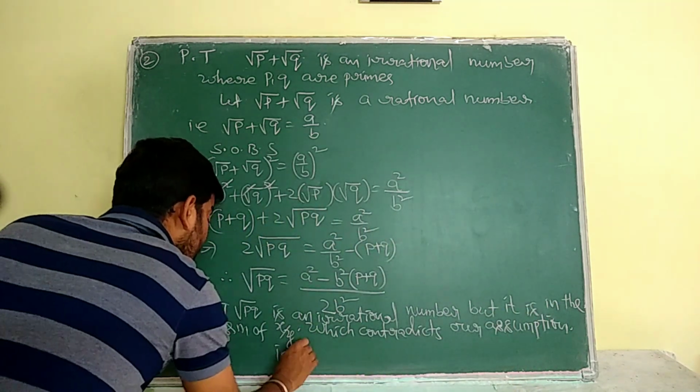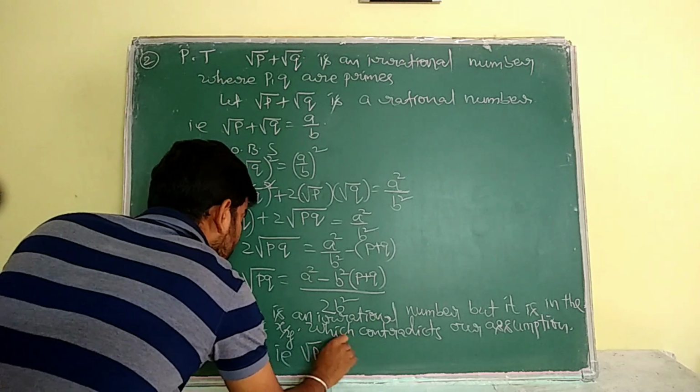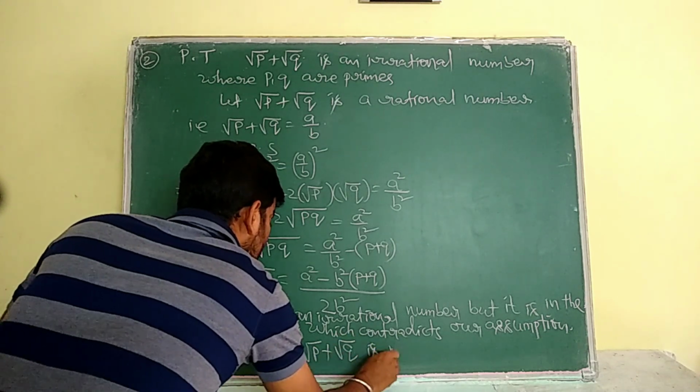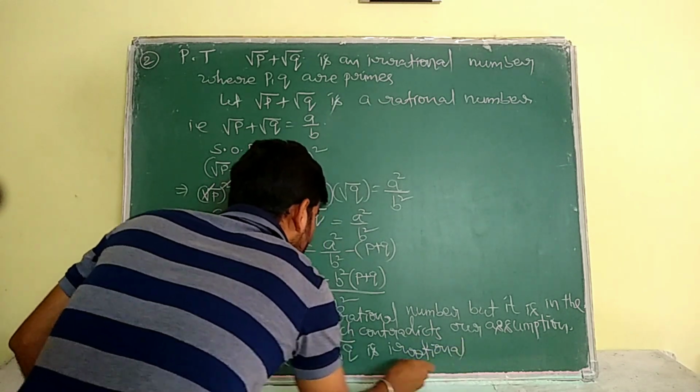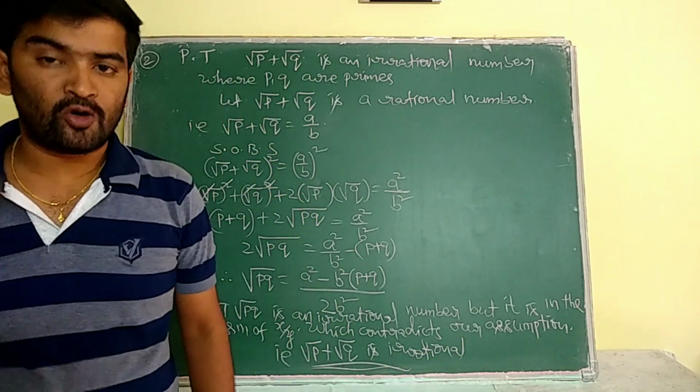That is, root p plus root q is irrational. Okay? I hope you understand.